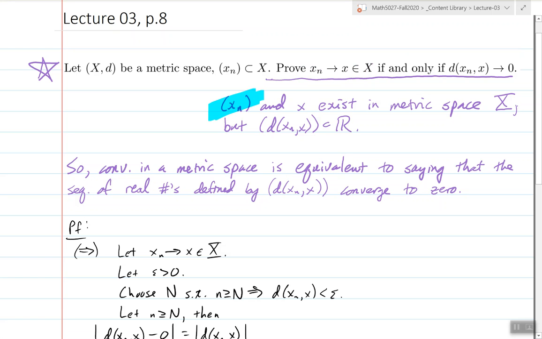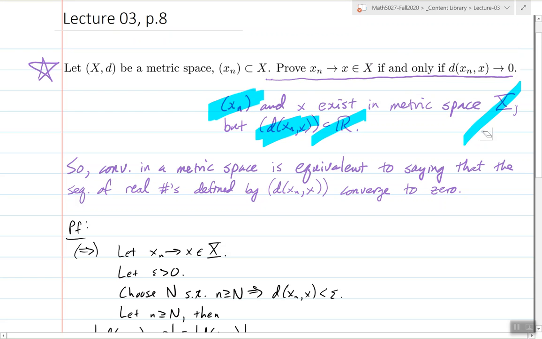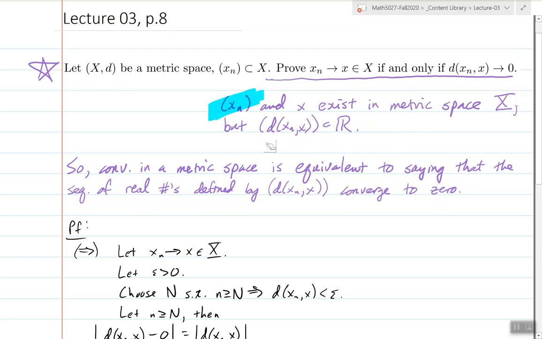This is in the metric space X. This is in the space of the reals, regardless of what the space X is. If the space X is functions, sequences, whatever, the distance from xn to x is always a sequence of real numbers, even if xn is a sequence of very complicated objects in some strange metric space.